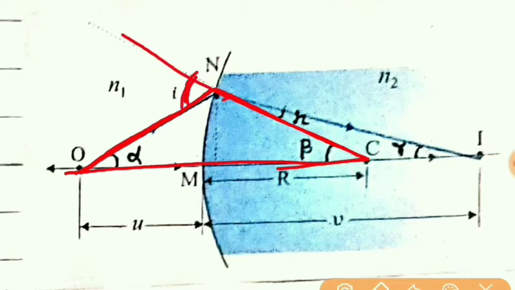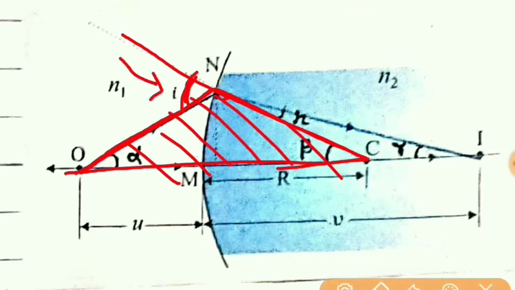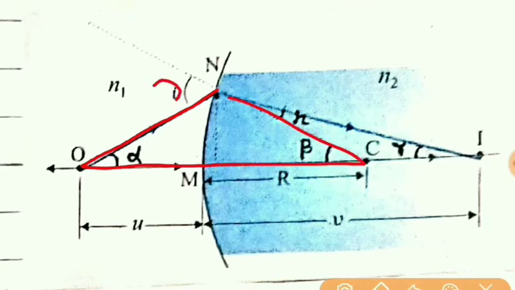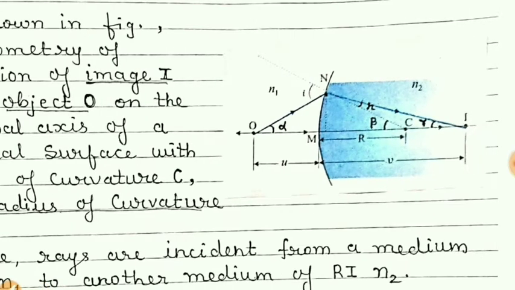This i is an exterior angle of this triangle, and you know that an exterior angle is the sum of the interior opposite angles. As exterior angle is the sum of interior opposite angles, we can write i is equal to alpha plus beta. So i is equal to alpha plus beta.